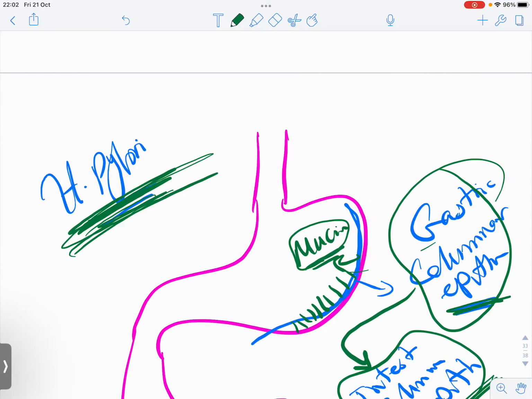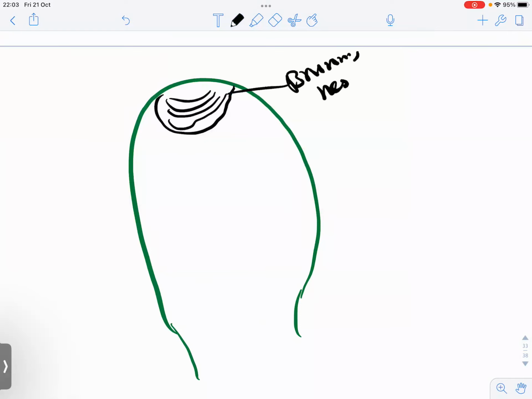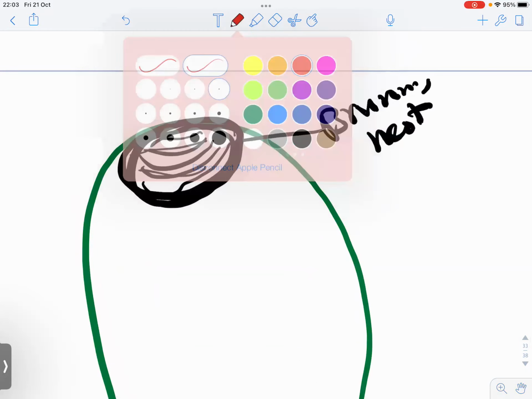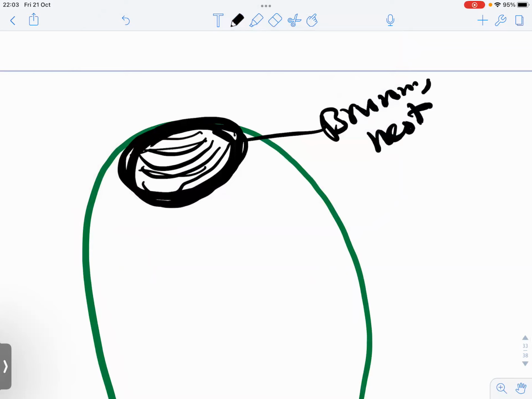Also, do you remember schistosoma? When we said that some bronze nest will form inside the urinary bladder. After some time, this nest will get deeper, and of course a lot of fibers are around the nest.